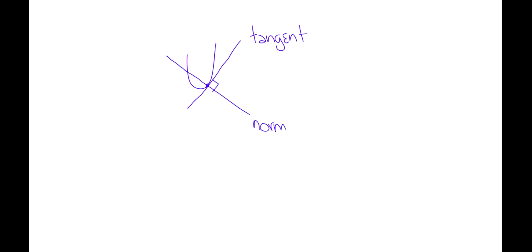So we call this the normal. If you're asked to find the normal at a particular point, you may need to find the tangent first, because if you know the tangent, do you know the gradient of the normal? Negative 1, so the inverse reciprocal, right? So negative 1 over m.